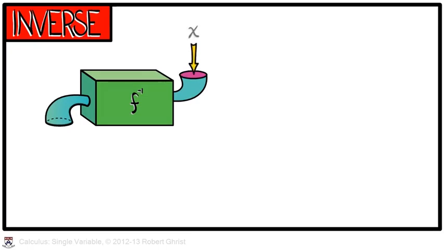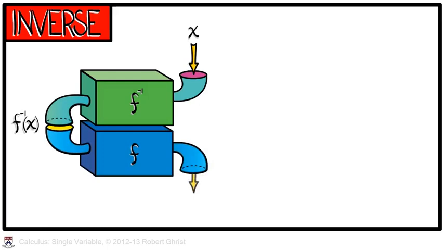Indeed, f inverse of x is defined as that function which takes as its input x and returns as an output f inverse of x, such that if one composes with f, one gets back the original value of x for all such x.